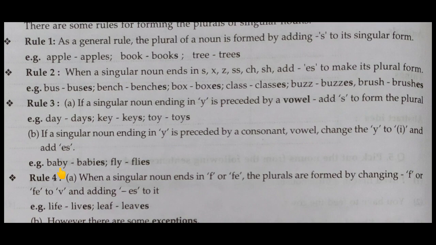So all the remaining letters are consonants, okay. So here it is ending with y and preceded by consonant b. That's why what we have to do, just change y to i and add es to its plural form, okay. You got it.